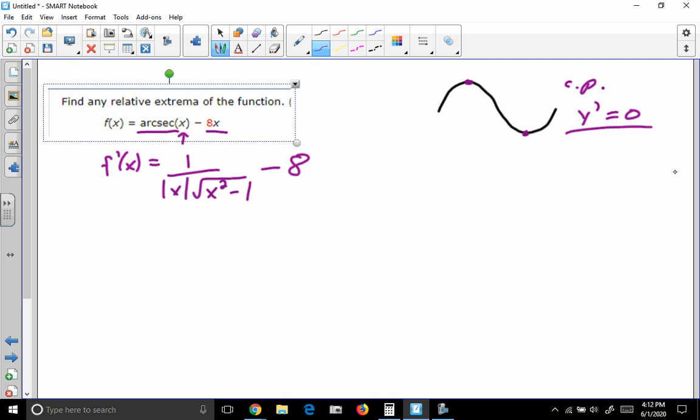So that's our derivative. Now we need to find out where this derivative is equal to 0. So we can add 8 to both sides.